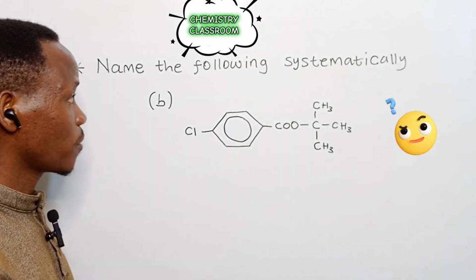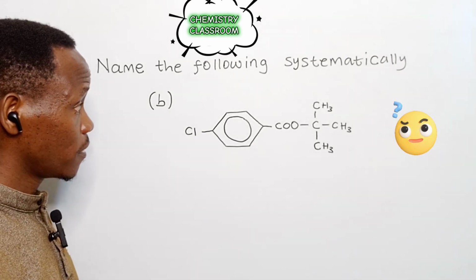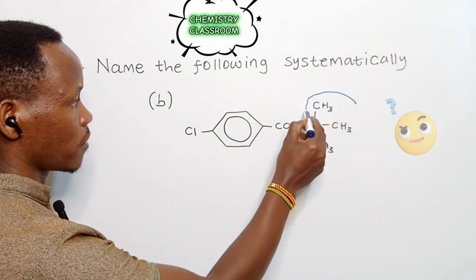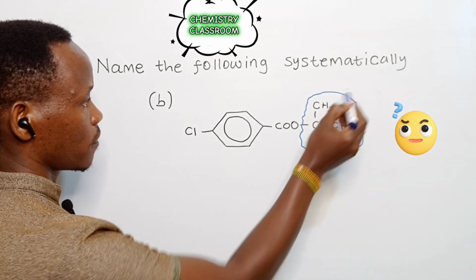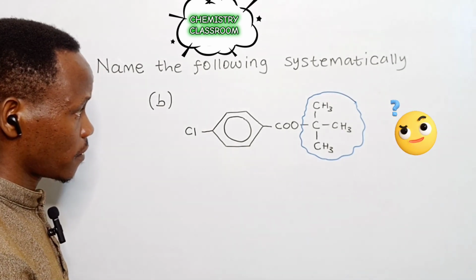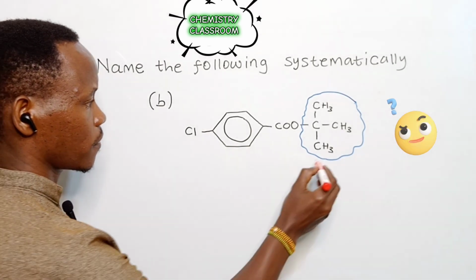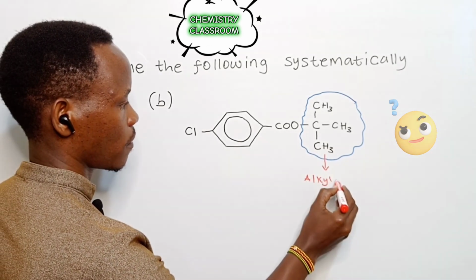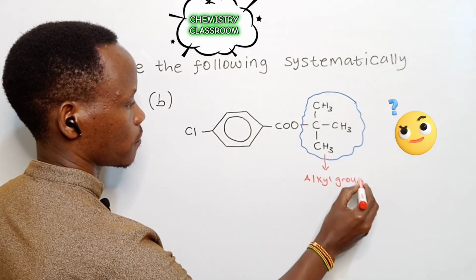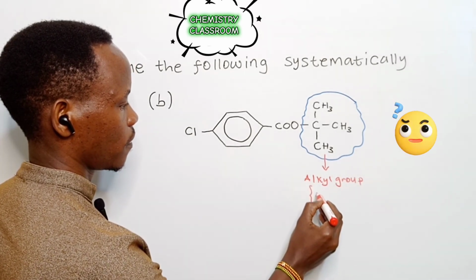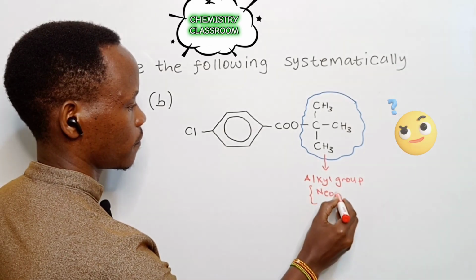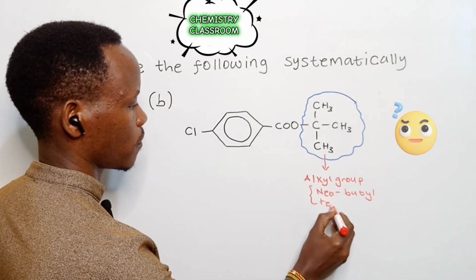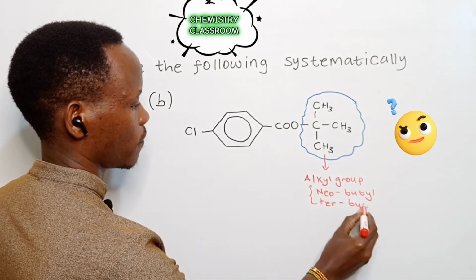Part B here also requires us to name the compound. So like we did in part A, our first step is to mark out the parts of this ester, and for that case, that part there is the alkyl group, and because it is the alkyl group, its specific name is either neobutyl or tertiary butyl.